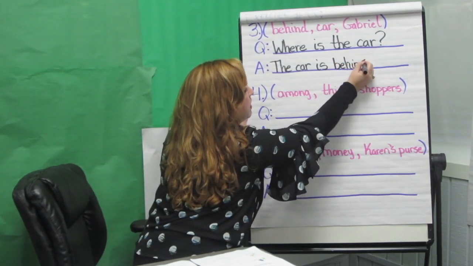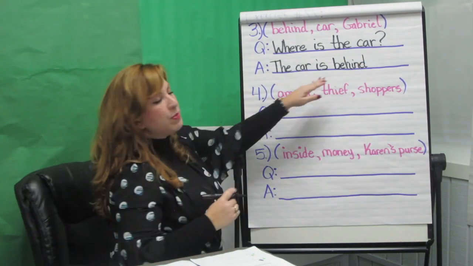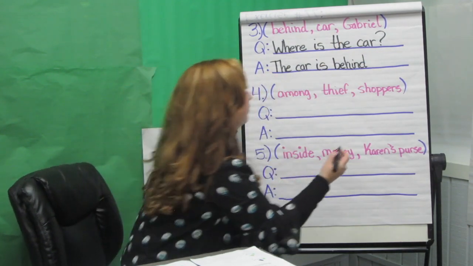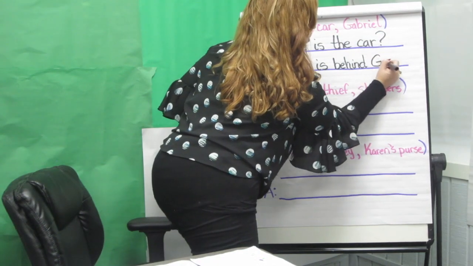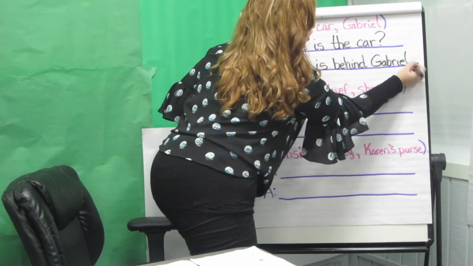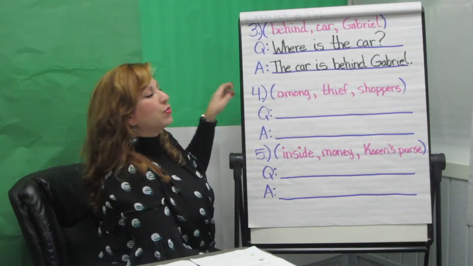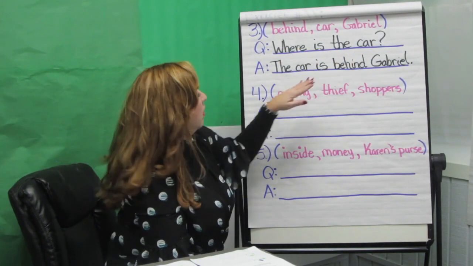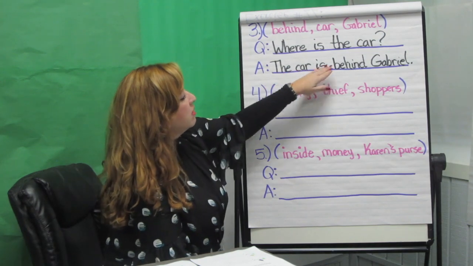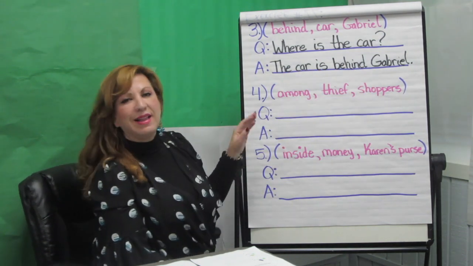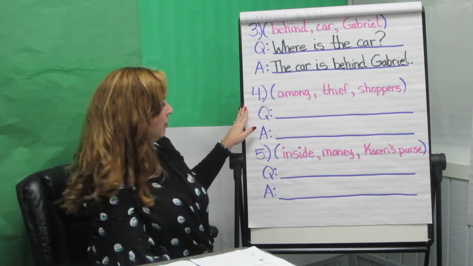Behind is our preposition, and our object of the preposition is Gabriel. So again, let's read these together. Where is the car? The car is behind Gabriel. Let's try number 4 together.